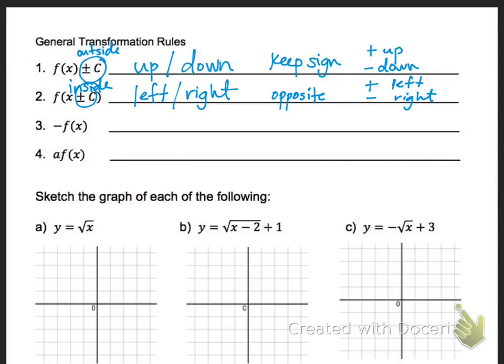If you have a negative out in front, that means that it flips across the x-axis. And if you have a number in front, we call that A, then that is your technical slope.